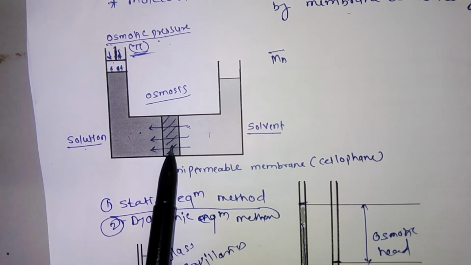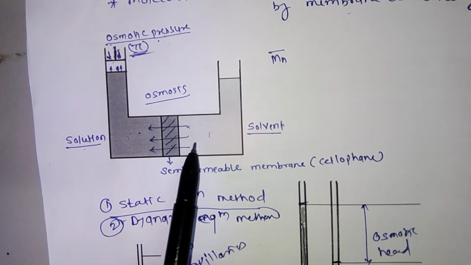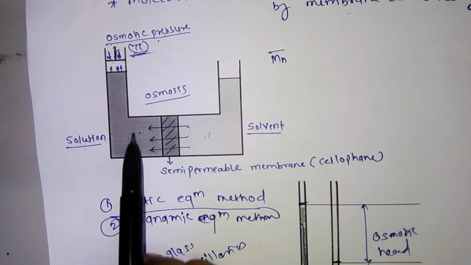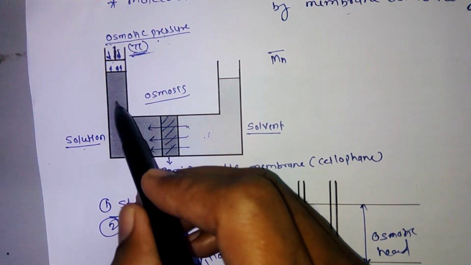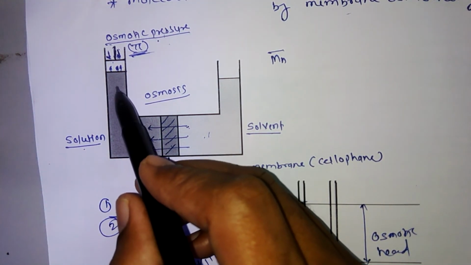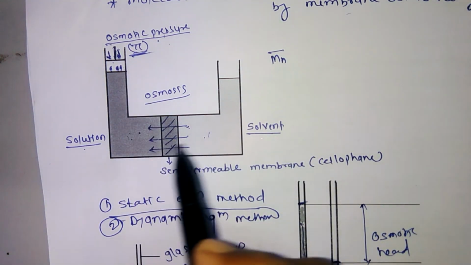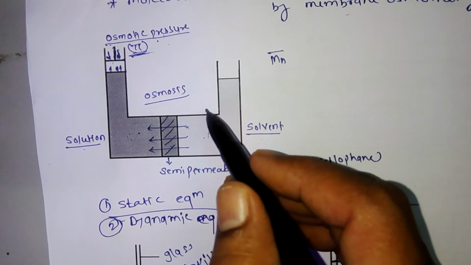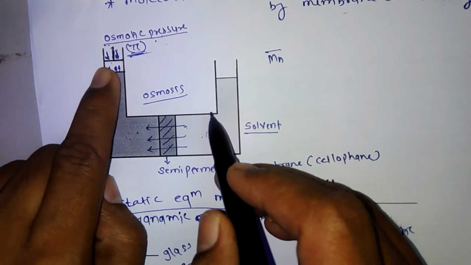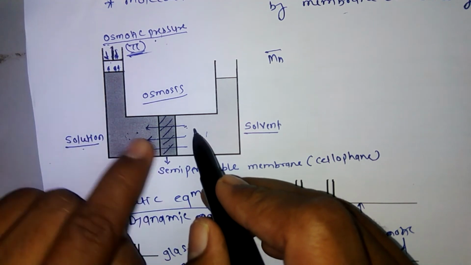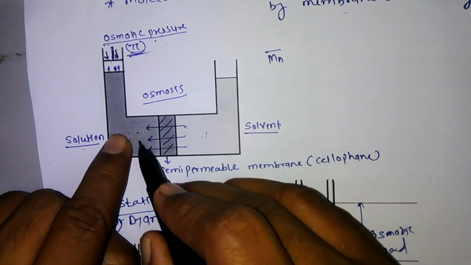They are separated by the semi-permeable membrane, and the tendency of the solvent is to move from the solvent compartment to the solution compartment. That's why the level of this liquid in this capillary increases. It goes up to the level where the solvent cannot flow from the solvent compartment to the solution compartment.